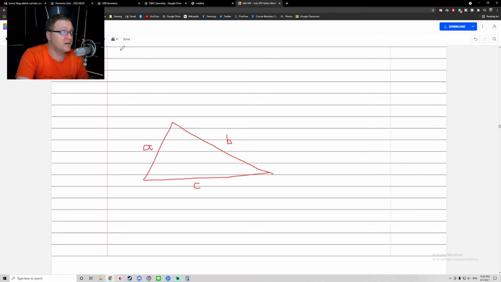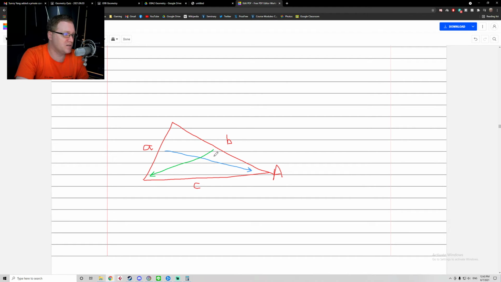Big A always has to be opposite of little a. So here's little a. The opposite angle is over here, so this is big A. Then big B has to be opposite of little b.